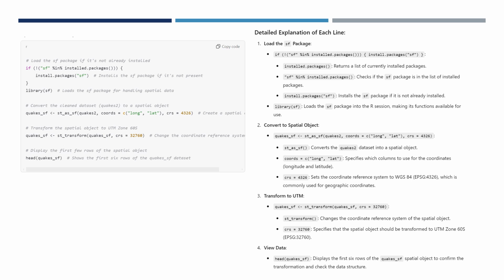The next step was to then convert that into a UTM or some other projected coordinate system, because we never ever do any kind of spatial analysis on data that's in a GCS.